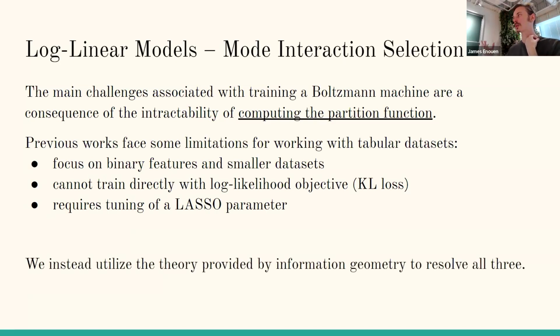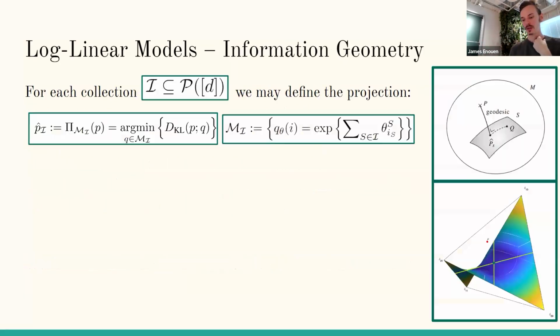So we're instead going to borrow some of this theory from information geometry and from tensor decomposition to try to tackle these all at the same time. How we're going to do that is, I won't go too much into detail, but basically, if we were to pick a collection, then there's a unique space defined in this probability space based on all models we could fit with this.